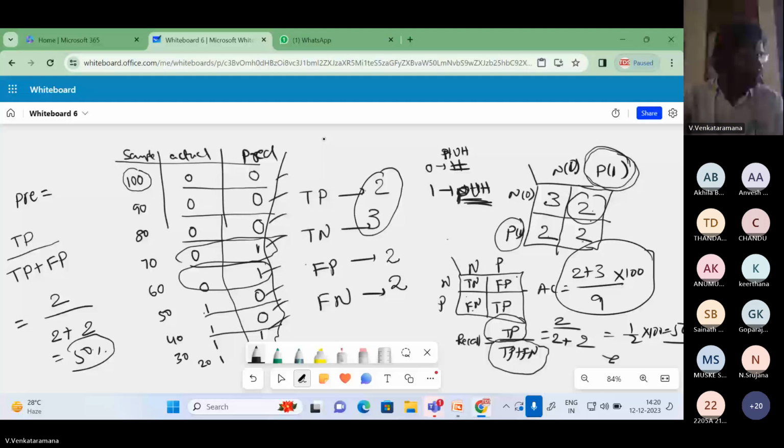I'm not using the Wi-Fi now; previously I was using the Wi-Fi, now I'm connected to Ethernet.